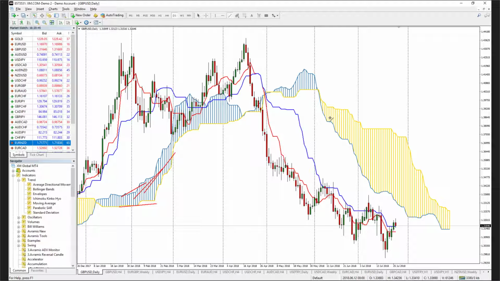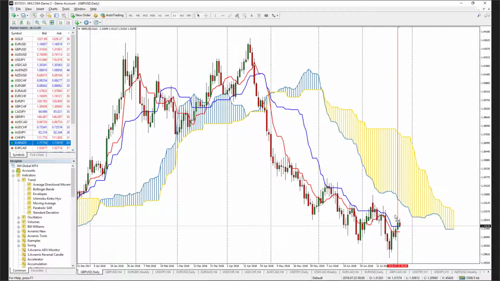When the Senkou Span A is below the Senkou Span B, then the Kumo is shaded in a bearish color, or takes the color of the down Kumo color. Now, as you see, again, these two lines are plotted 26 periods into the future.